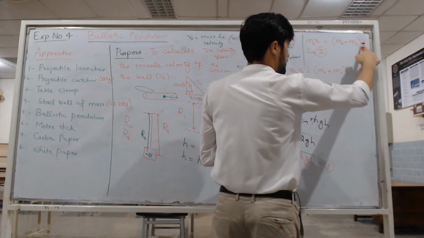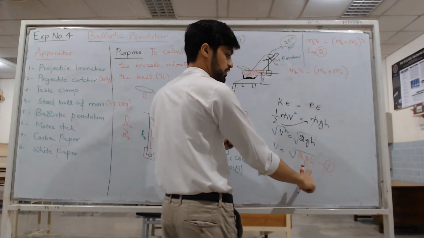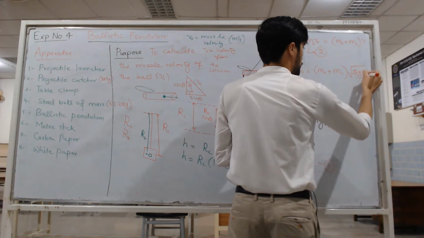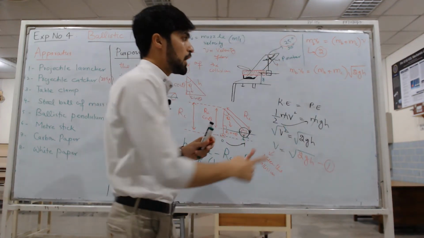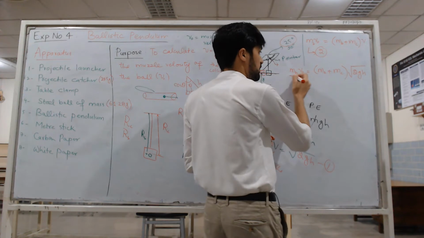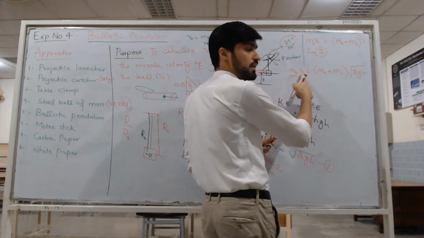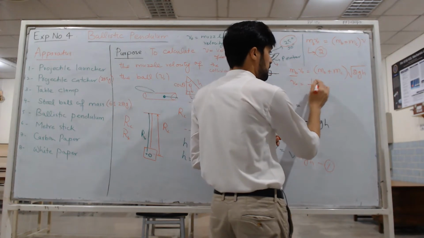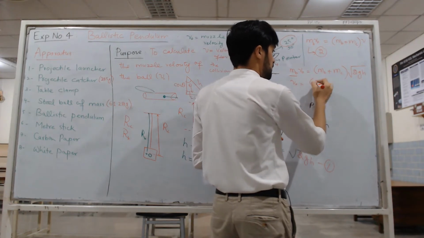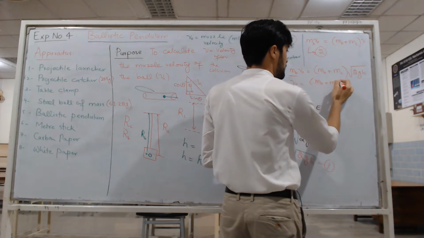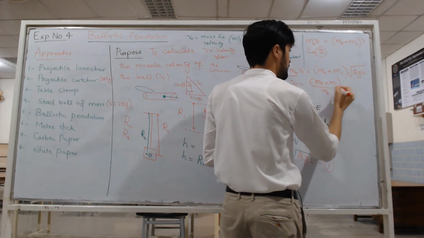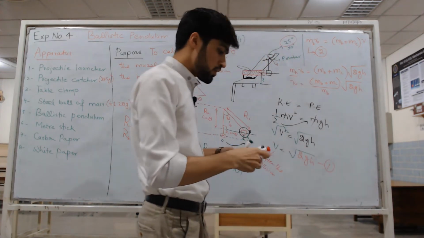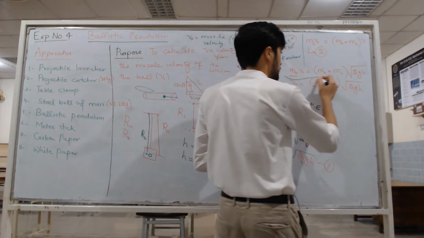In place of v, we can put the square root of 2gh. Now dividing both sides by m_b, I get v0 is equal to (m_b plus m_c) divided by m_b, times the square root of 2gh.